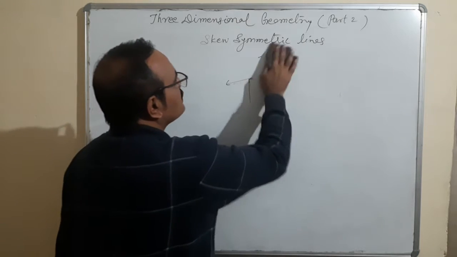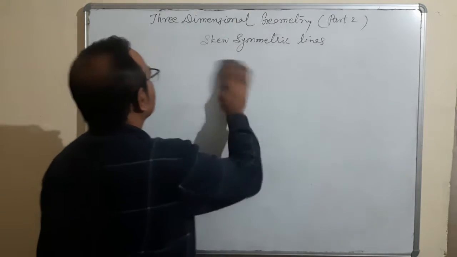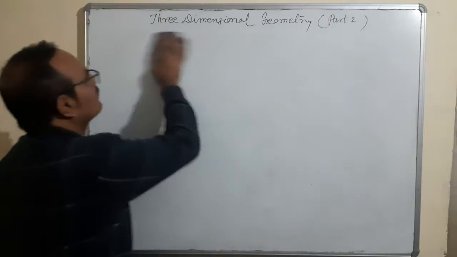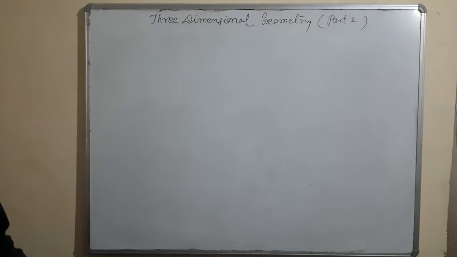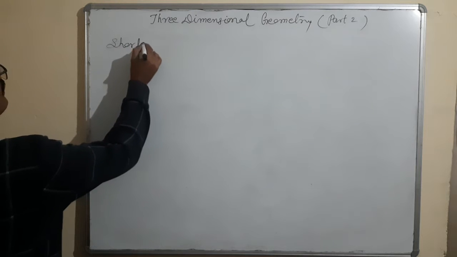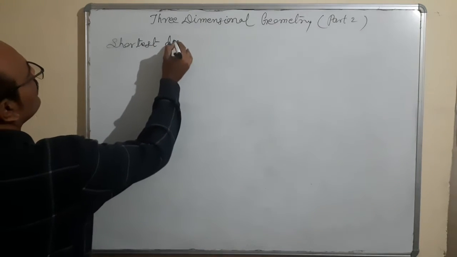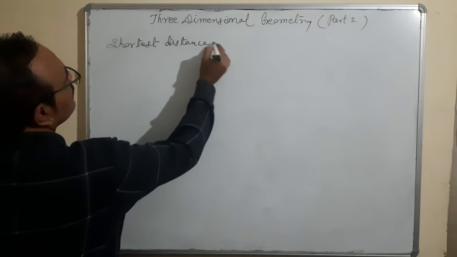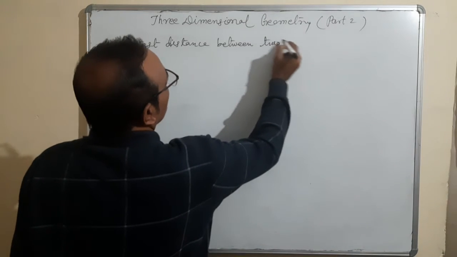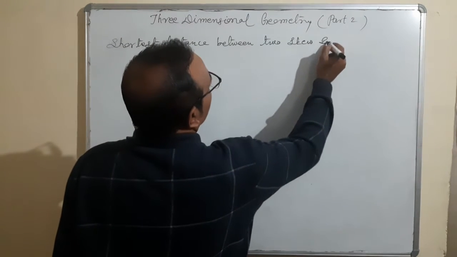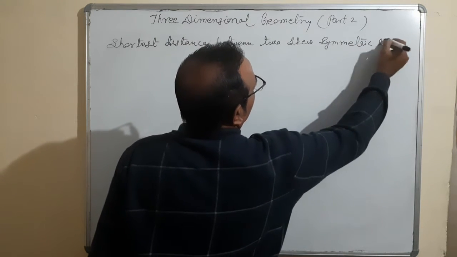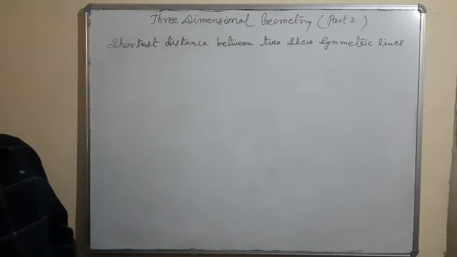How to find the shortest distance between two lines? So the formula is the shortest distance between two skew lines.